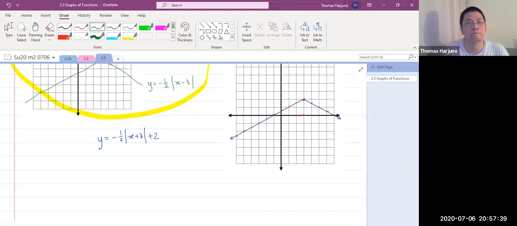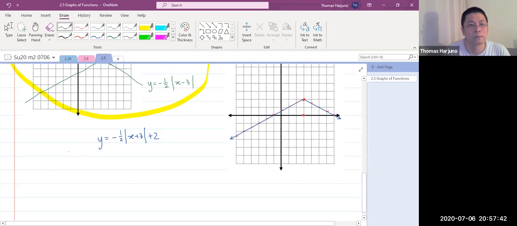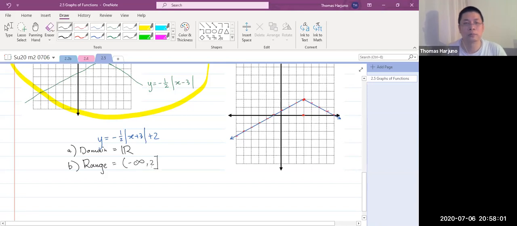What's the domain? It's all real numbers, no question about it. How about the range? Negative infinity up to 2, right? Part C, how about the axis of symmetry? Axis of symmetry is a line, a vertical line.